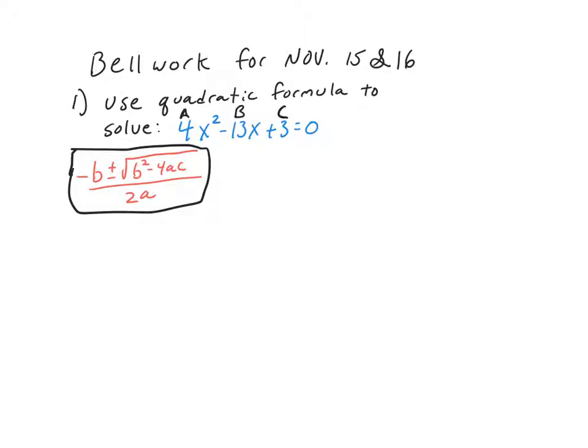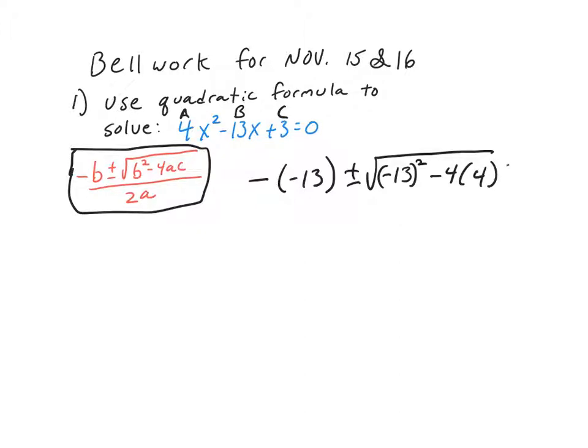So we're going to do negative B, which means negative 13, plus or minus the square root of B squared, so negative 13 squared, minus 4 times A, which is 4, times C, which is 3.